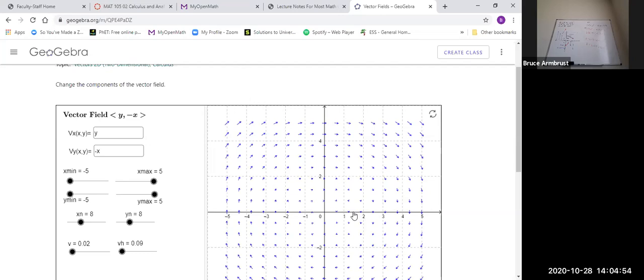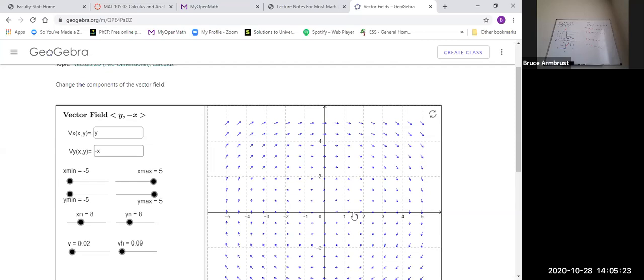But definitely make use of vector field mappers or graphers, because you don't want to have to try to do these all by hand. Sometimes it's tough to see exactly what's going on. The pattern isn't always obvious. The one I gave you was pretty clear, but definitely make use of these things. It can help you out.